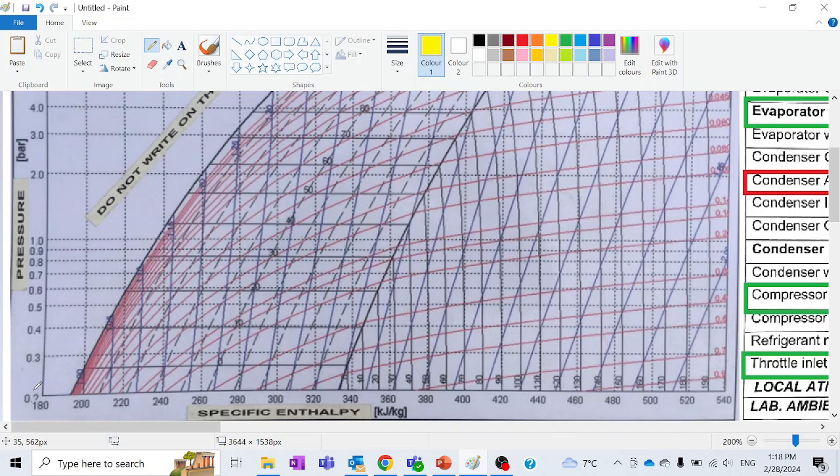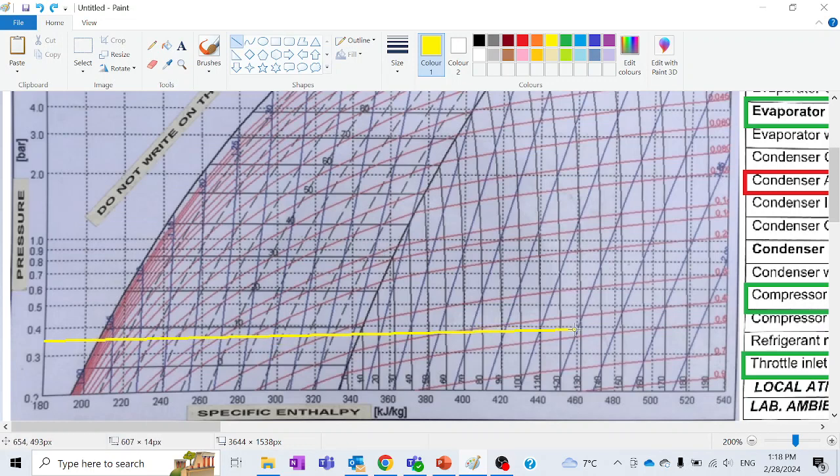For 0.362, if you look on the vertical axis, you can find 0.36 somewhere around here. Remember that it's a logarithmic scale, and you will approximately select a line. For example, I have selected a line approximately at 0.362, somewhere around here.